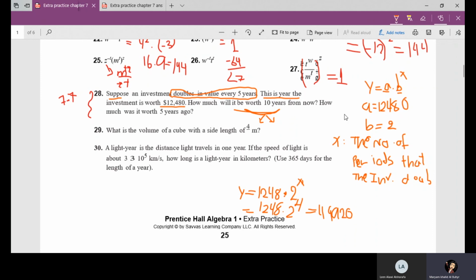This is the answer. How much was it worth 5 years ago? I think they mean 5 years ago, which means the previous period, which means -1. So let me just calculate it and then give you the answer.